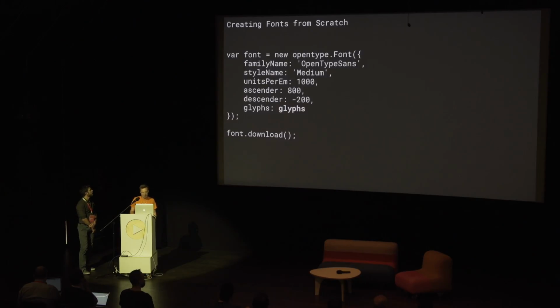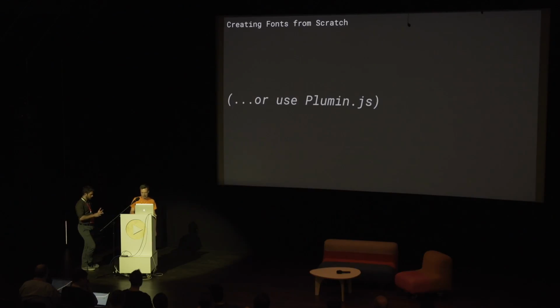And then we have a font object that we construct with a family name, style name, the units per em square, of course, ascender, descender, and then the list of glyphs that we provided. And then when all that's done, we can work with that font. So we could actually directly install it in the browser, which we'll see in a minute, or we can download it again to the user's computer. And yes, there's a higher level API that Rémi will talk about.